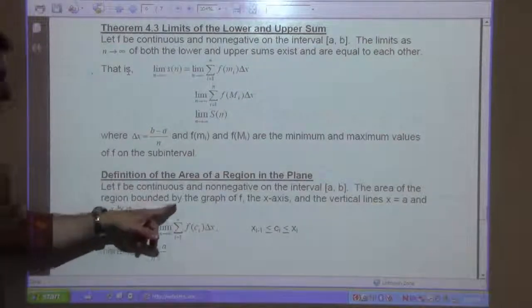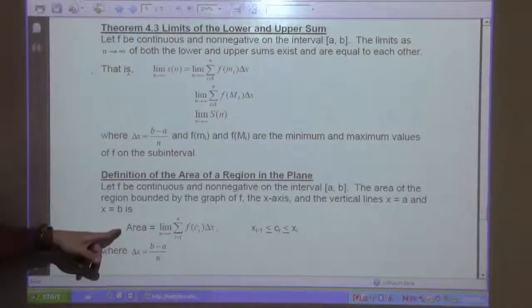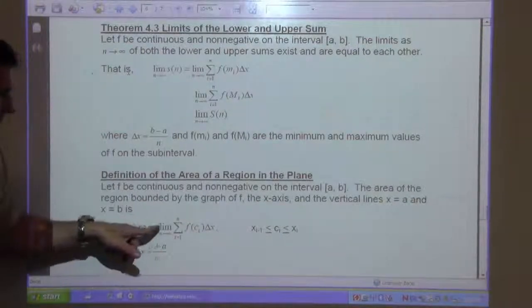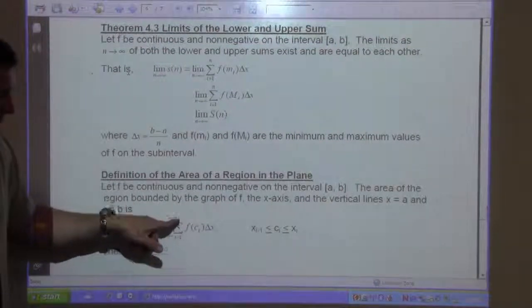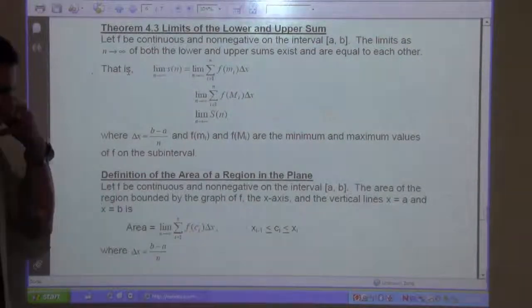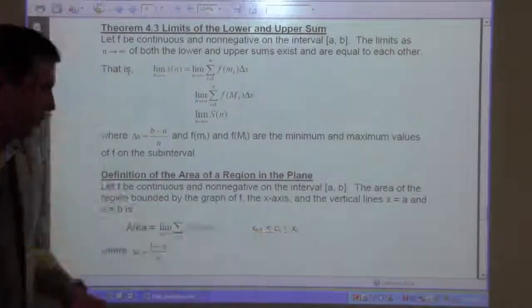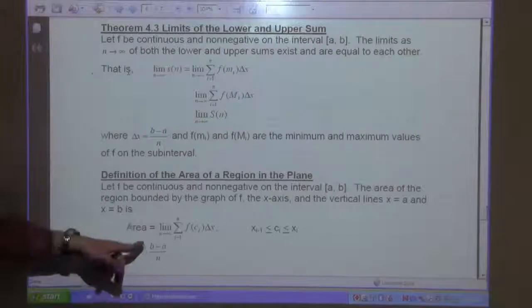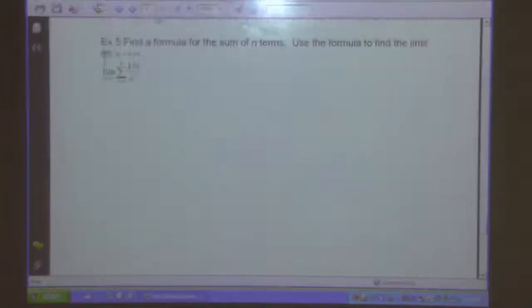The area of the region bounded by the graph of f, the x-axis, and the vertical lines x equals a and x equals b is the limit as n goes to infinity of the sum i going from 1 to n of f of c i delta x. And c i is some value between either end of the interval we're talking about, where delta x is b minus a over n. And that brings us to example 5.